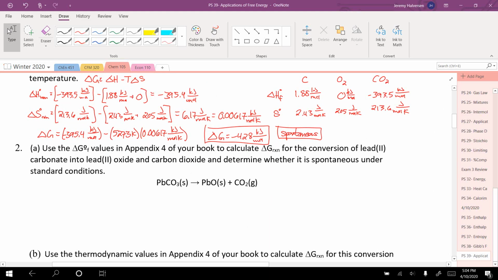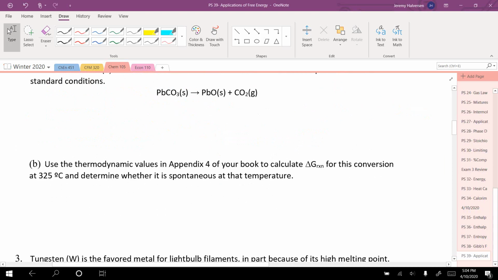All right, use the delta G naught formation values in Appendix 4 to calculate delta G for this reaction and determine whether it's spontaneous. So same thing as 1A. So let's get our values, and we're going to end up doing a similar thing here.